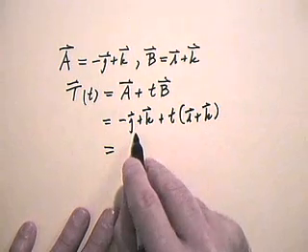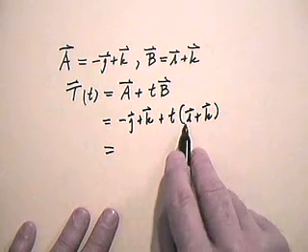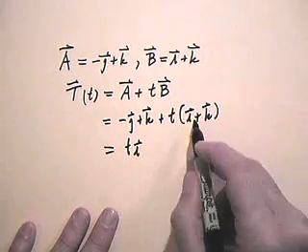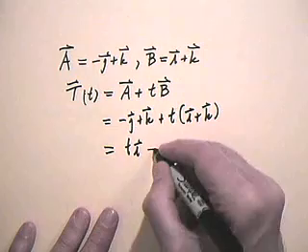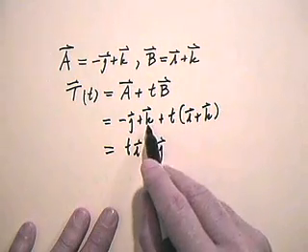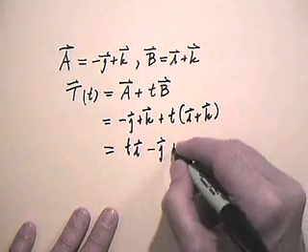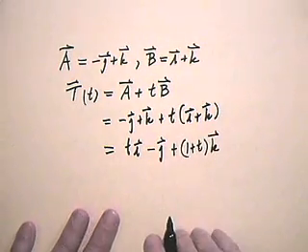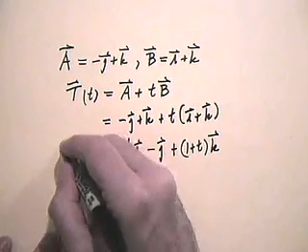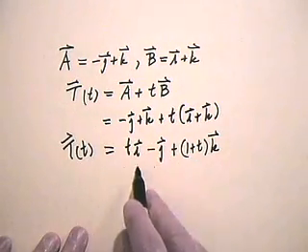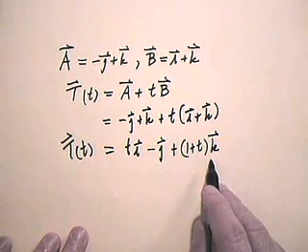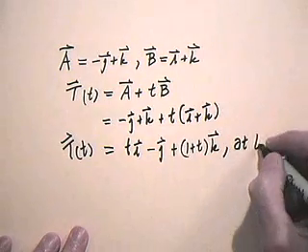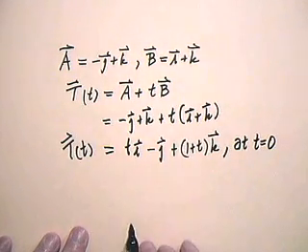And so let's collect components together and write them in usual order. So we have t times i. There's no j over here, we just have negative j. And for k we have 1 plus t all multiplying k. So there is the parameterization of the tangent line to this function r of t at the point time t equals 0.